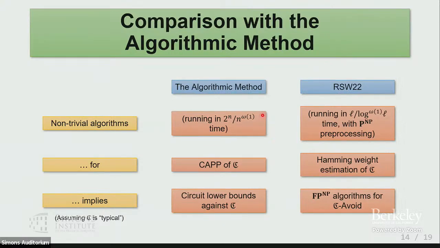Is this the P to the NP preprocessing? This is one difference, and another difference is we can deal with arbitrary circuits, like arbitrary input of range avoidance.